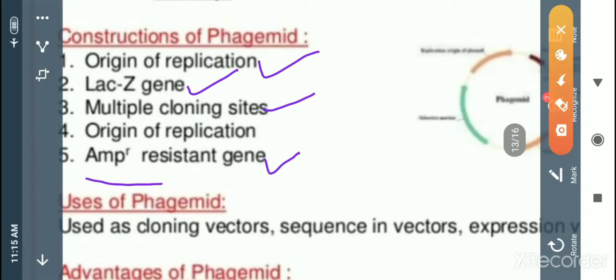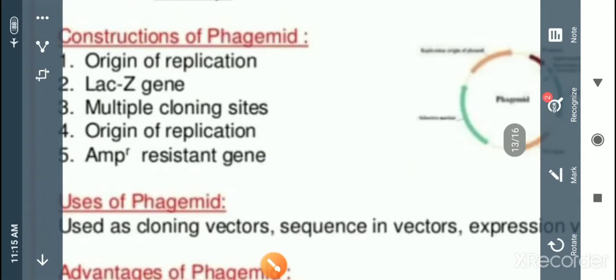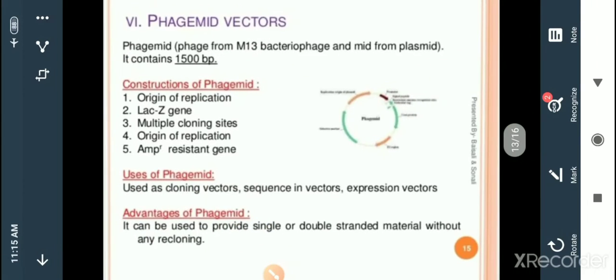That resistance gene is called the ampicillin resistance gene. So the construction units are: origin of replication, lacZ gene, multiple cloning sites, and then ampicillin resistance gene.